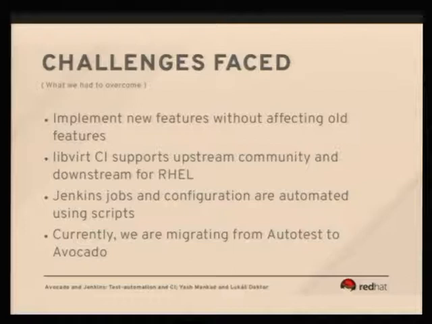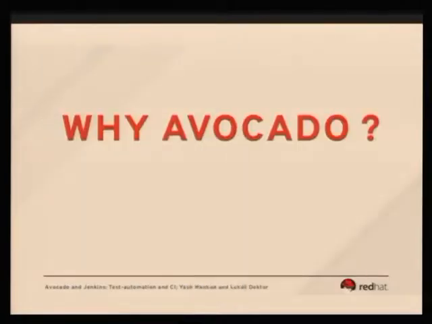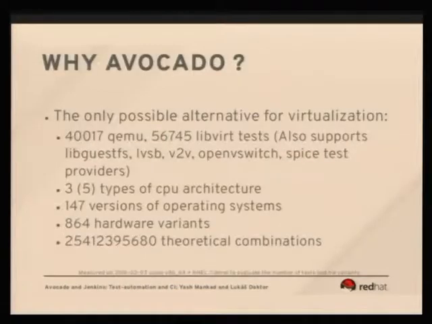Okay, I hope you hear me. So why Avocado? Well, for us it was the only possible choice for virtualization, as it inherited all the virt-test tests, which contain about 40,000 qemu and almost 60,000 libvirt tests.